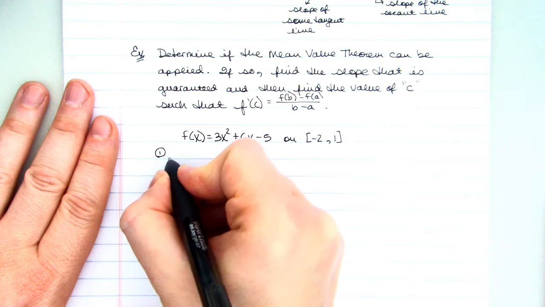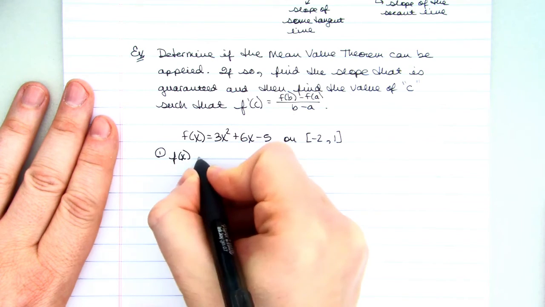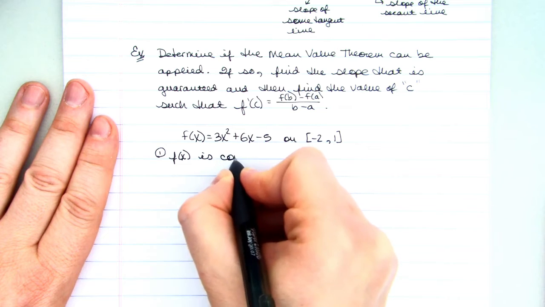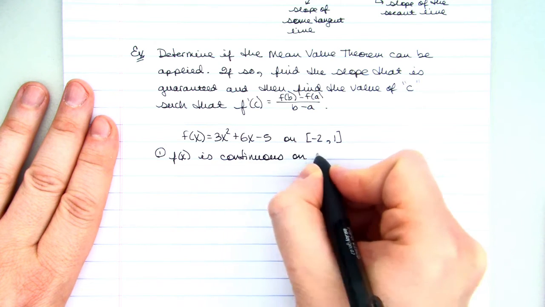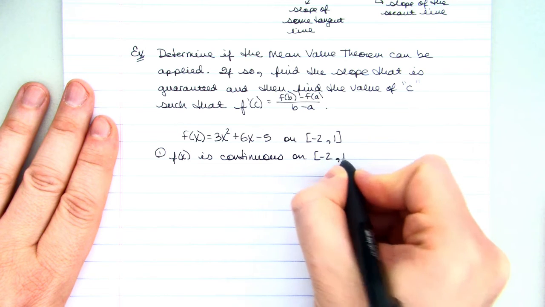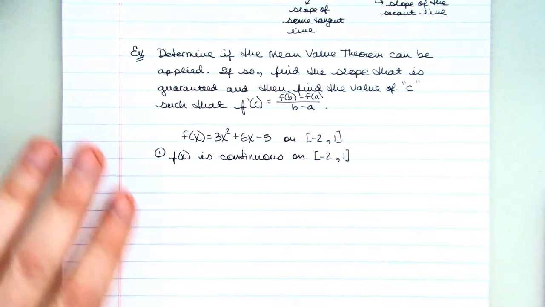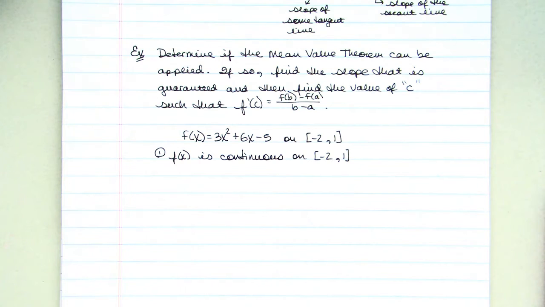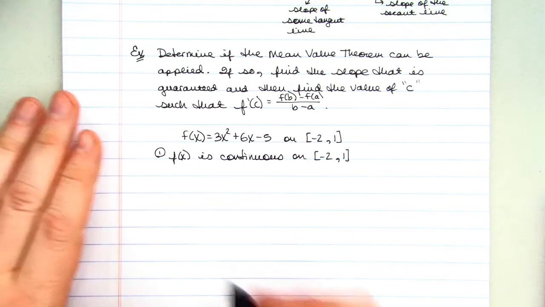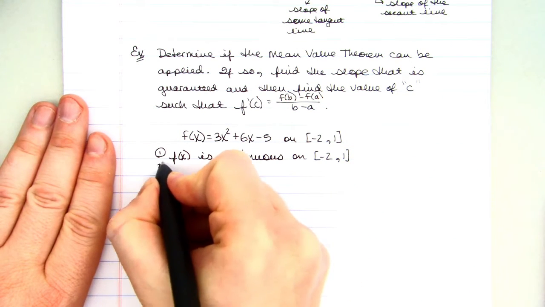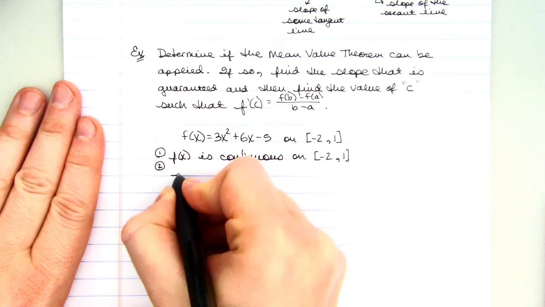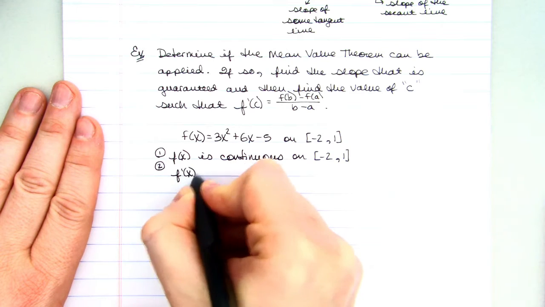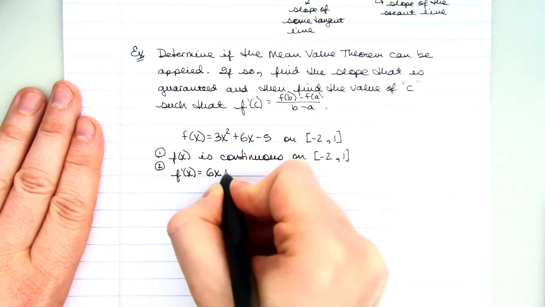So I'm going to say, number one, f of x is continuous on my closed interval from -2 to 1. Because it's a polynomial, no denominators, no issues. To show that it's differentiable, well, let's find the derivative and make sure our derivative doesn't have any issues. Our derivative needs to be continuous as well. f prime of x equals 6x plus 6.